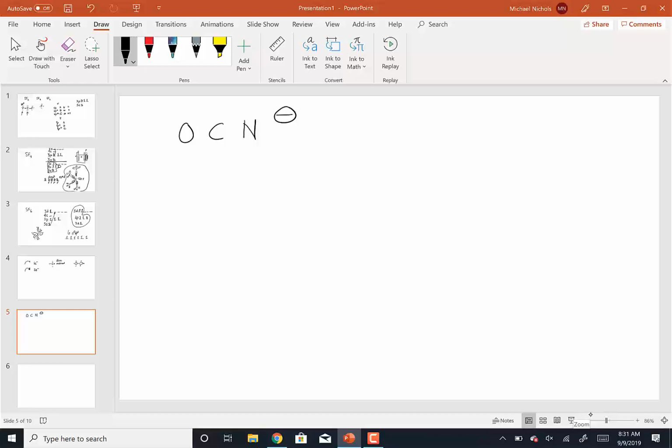So here's my question. I'd like you to draw a Lewis dot structure, a valid Lewis dot structure for an OCN minus. Now there's going to be more than one valid Lewis dot structure, so if you get a first one done, write a second. But what I'd like you to do is to write 1 and assign the formal charges then to the atoms. And overall, those formal charges must equal -1. Okay?